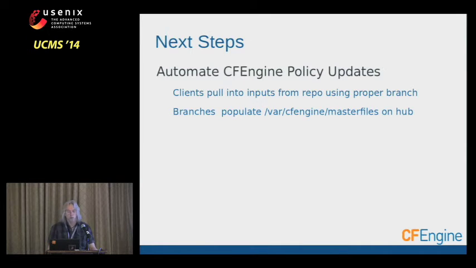Wherever you get your feed, make sure that you're pulling directly from location A into that feed. And the branches, in our scenario, we're going to populate the var CFEngine master files on the hub itself. Although you can work directly, as I said, with the inputs. You can pull directly from anything, Subversion, Git, doesn't matter, and let it run that way.